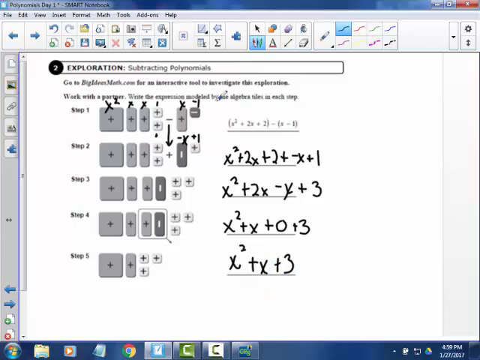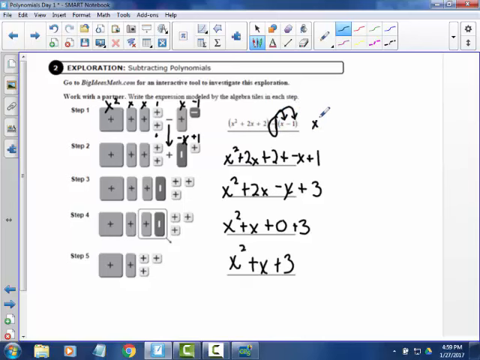Okay, so that's looking at it from a modeled standpoint. What we can look at from an algebraic or arithmetic standpoint is this is like having minus 1 in front, and we know to get rid of a negative in front we can distribute it.